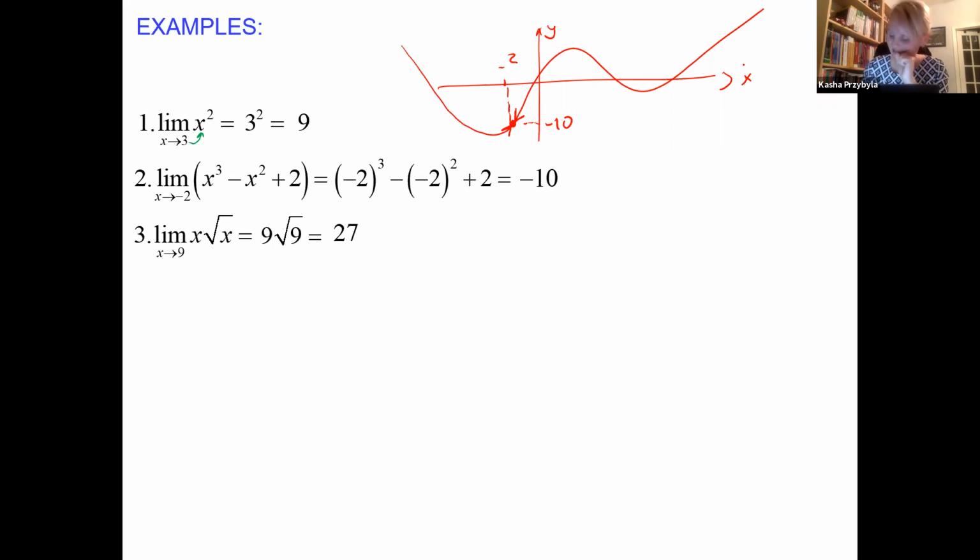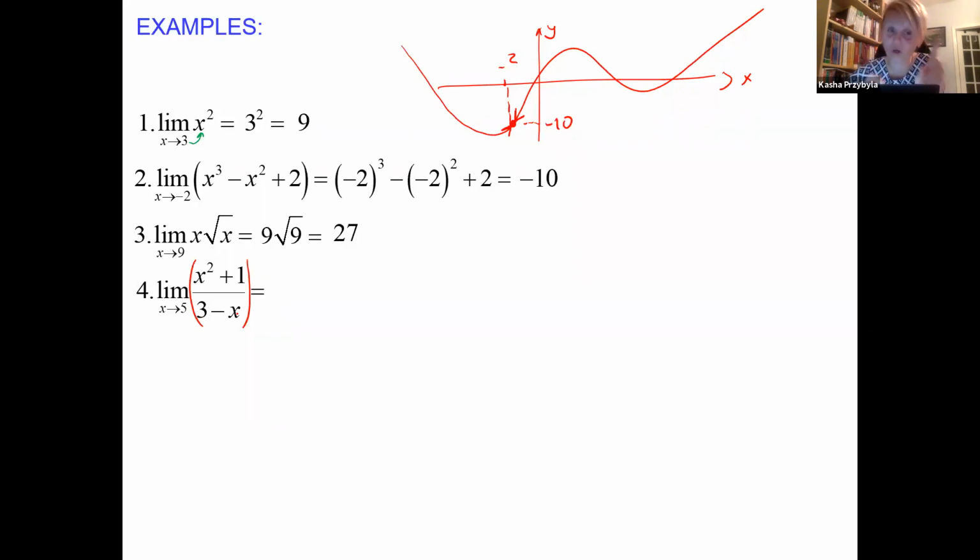Number 4. This one looks a little more complicated. But is x equals 5 in the domain of this function? What number is not in the domain?